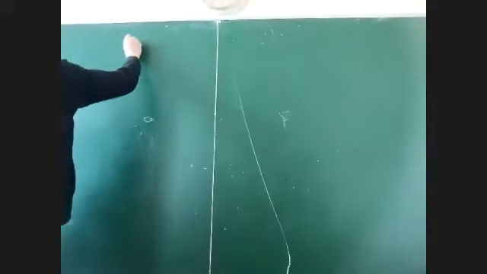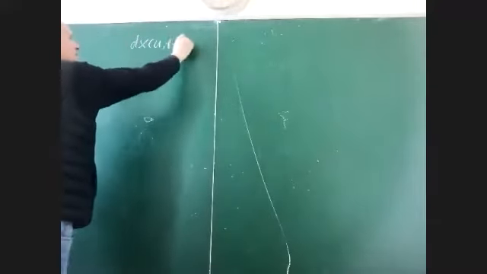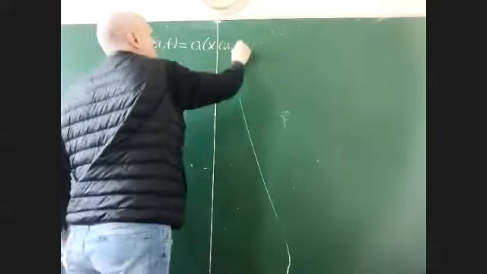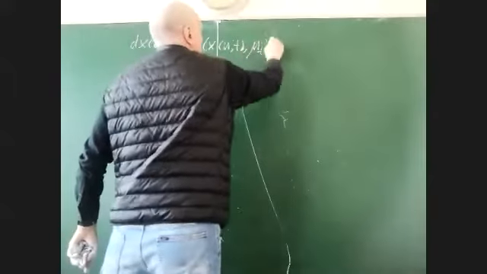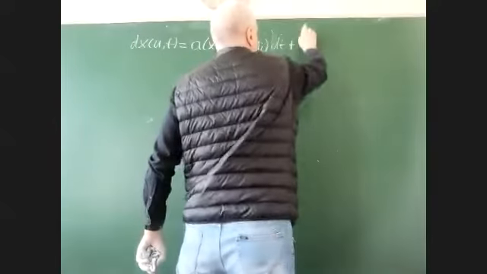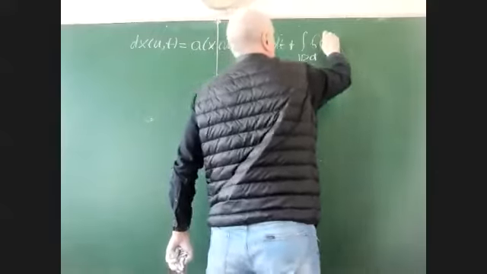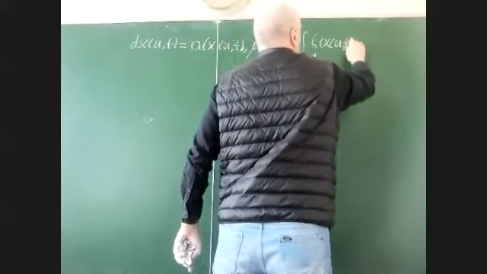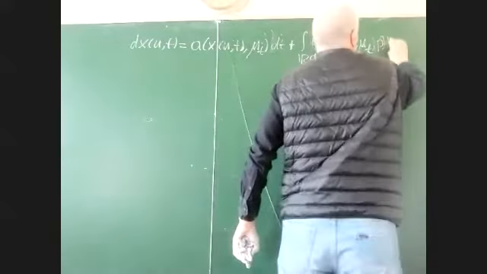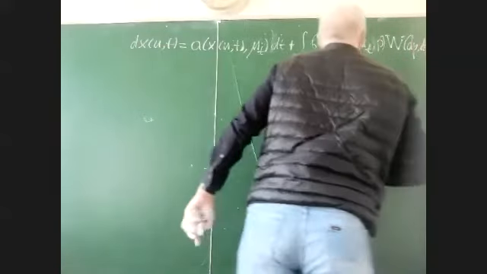Let me recall this form: dX_t(u) is equal to a(X_t(u), mu_t) dt plus the integral with respect to the Wiener process, b(X_t(u), mu_t) dW.